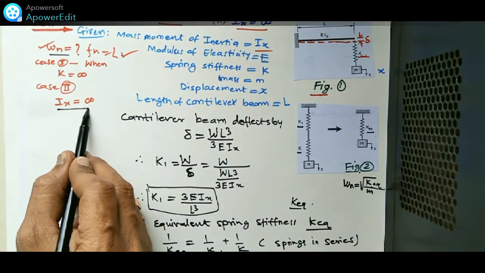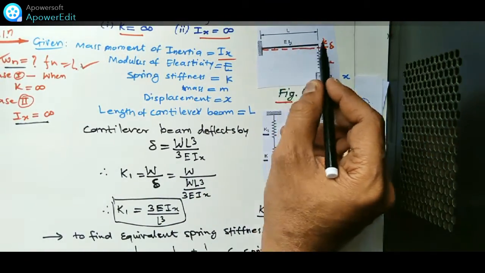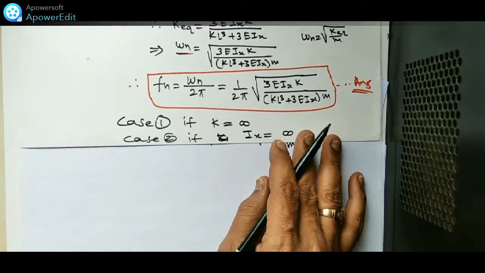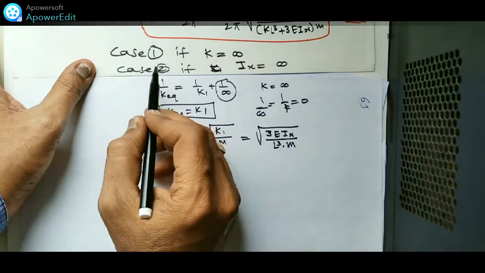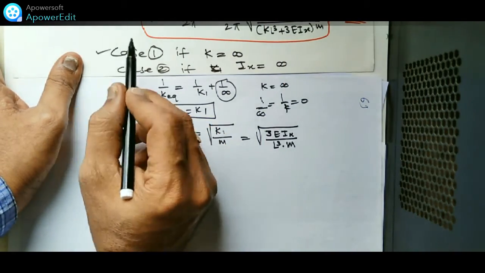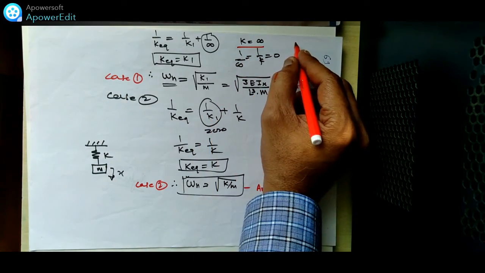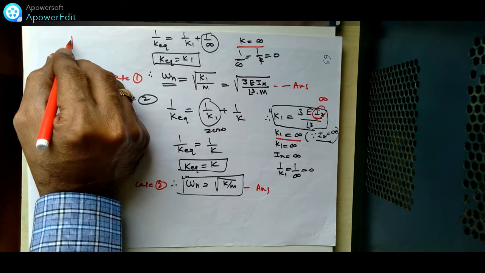Ix is infinite. This mass moment of inertia Ix for this beam is infinite. So what will the answer be? We'll see. These two cases are there. Case 1 was studied when k is infinite in that numerical, so that becomes this.